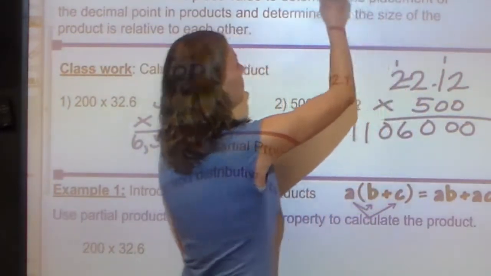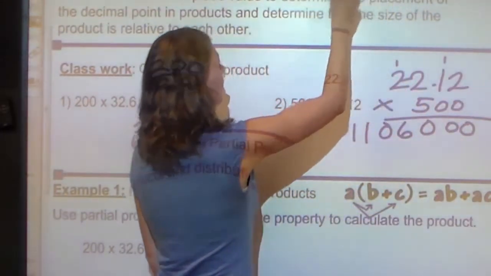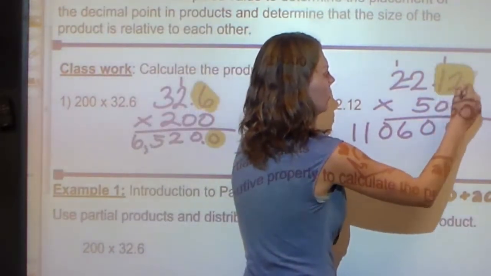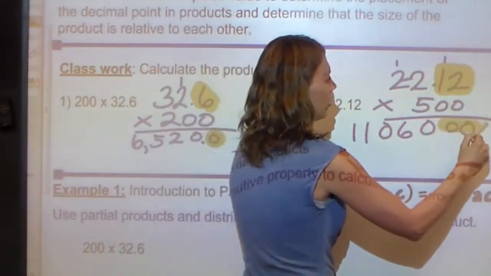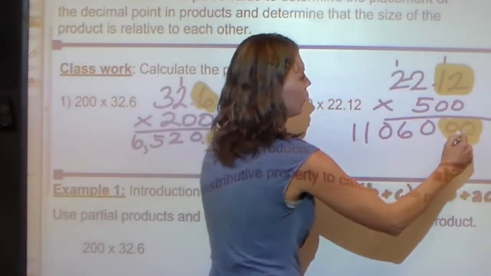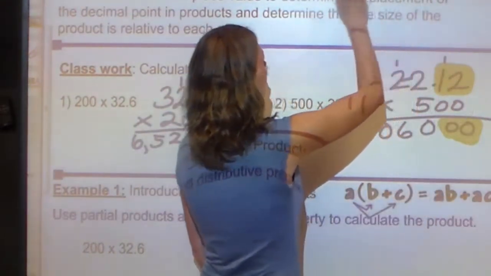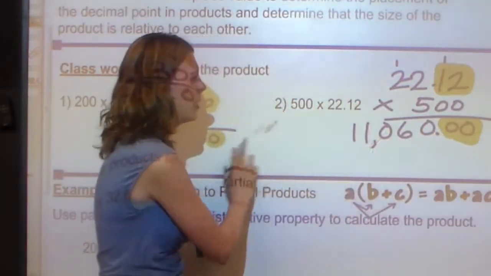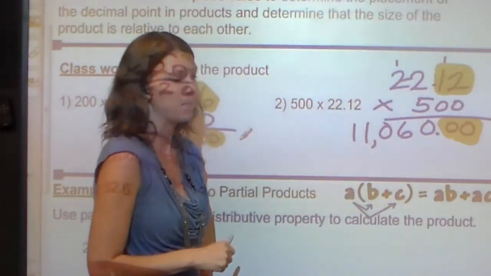Now on this one, I have 2 numbers after the decimal. So that means I will need 2 numbers after the decimal. That would make my answer 11,060.